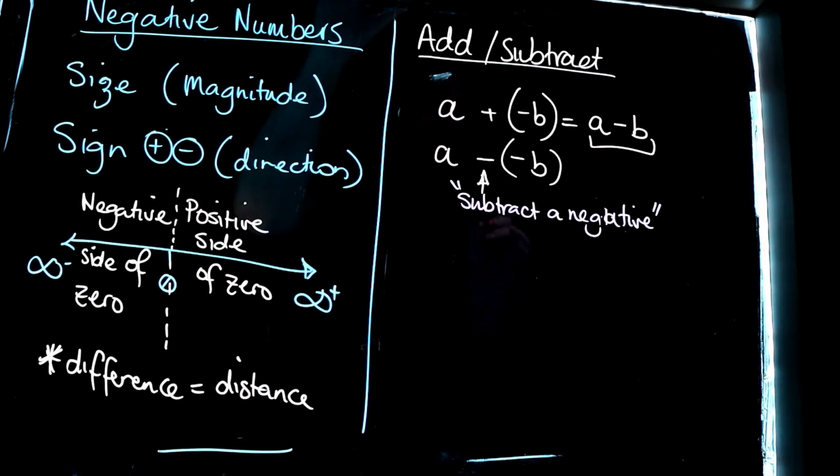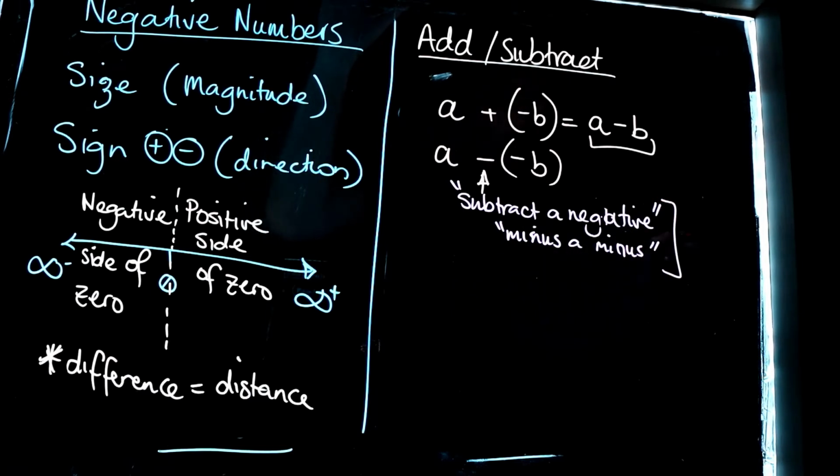Some people might just say minus. I hear people say minus, a minus. They're saying subtract a negative, but they're just using the language minus, minus. Same thing. Whenever you say these two things, we need to do something.